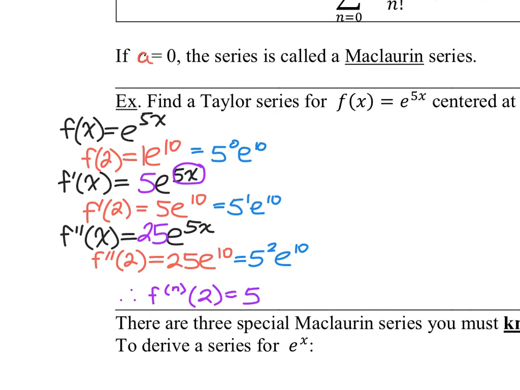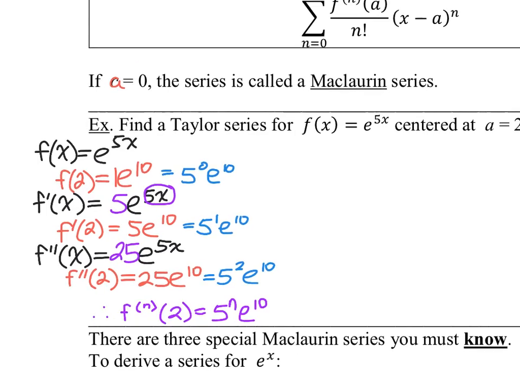The power seems to correspond with the level of the derivative. First derivative power of 1, second derivative power of 2. So nth derivative power of n. And in every case, we had an e to the 10th. All right. So in terms of generalizing, that's a big step in the right direction.